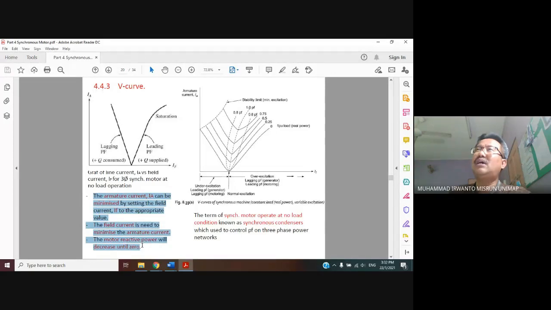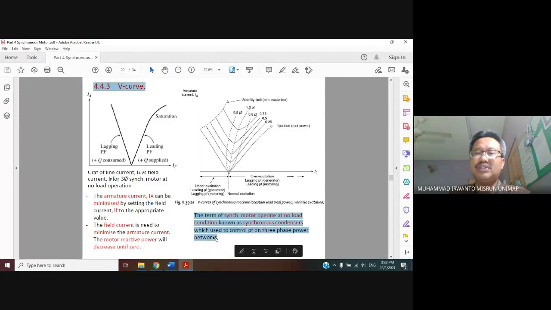And then IL, if it is a Y connection, is equal to the armature current IA, so there is a relationship between line current and armature current IA. A synchronous motor operating at no load is known as a synchronous condenser, which is used to control the power factor on a 3-phase power network.